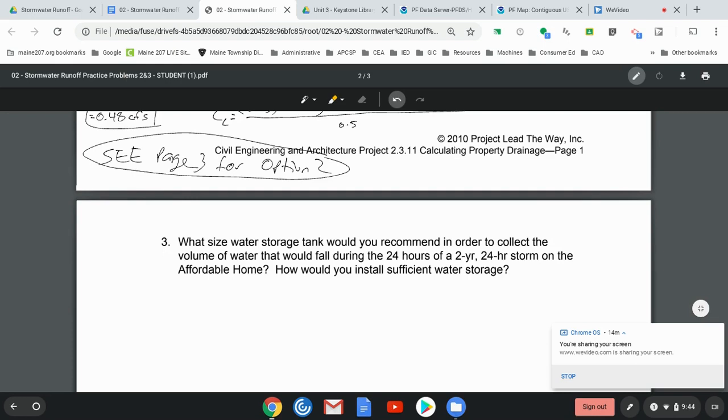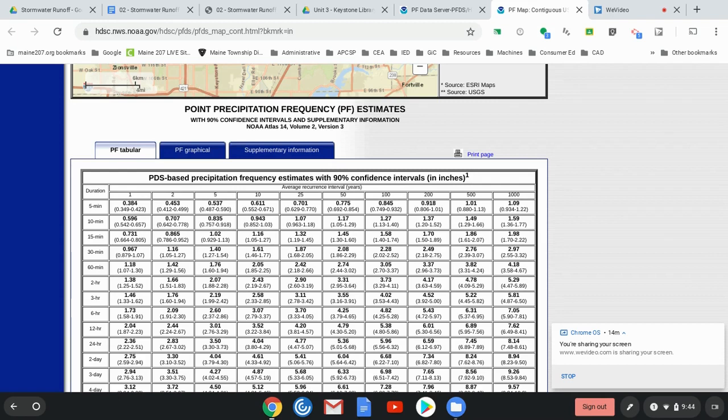First of all, the 2-year, 24-hour storm. So we go back here. The 2-year, 24-hour storm is 2.83 inches.